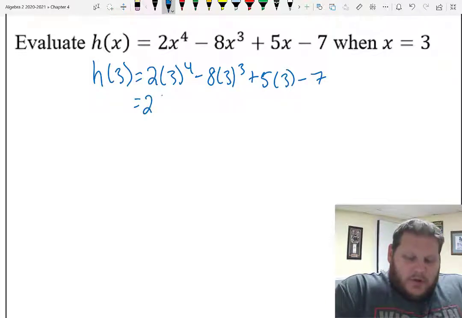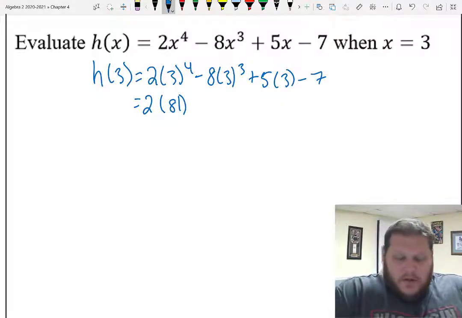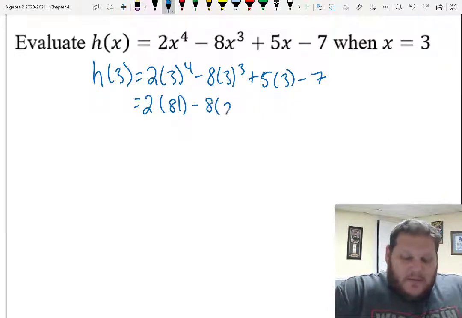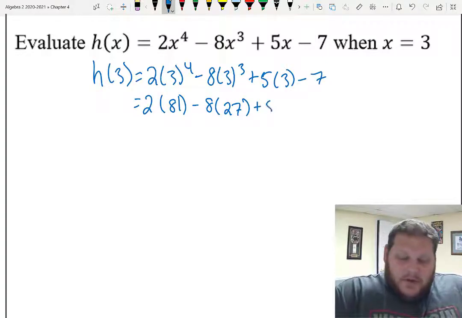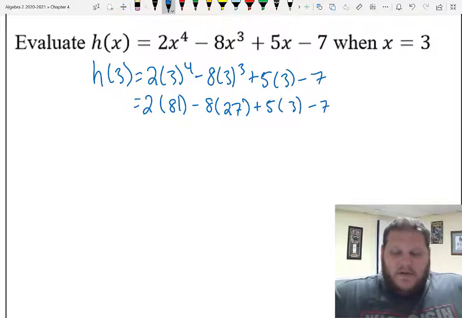So 2 times 81, which is 3 to the 4th power, minus 8 times 27, because that's 3 to the 3rd power, plus 5 times 3 minus 7. So all of those, I'm just evaluating my exponents.